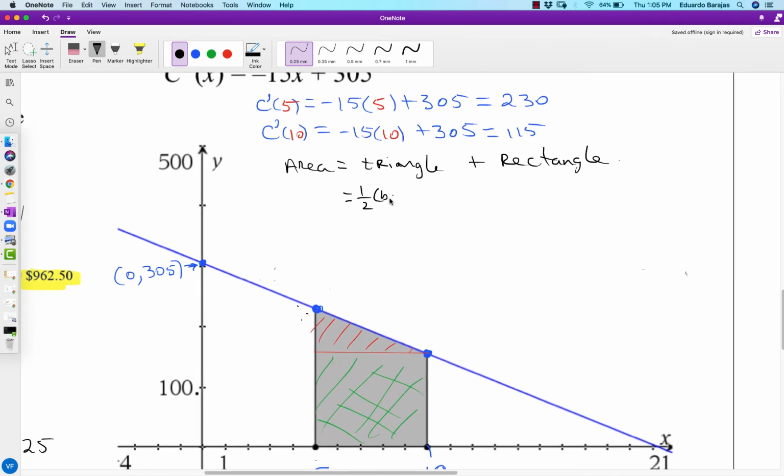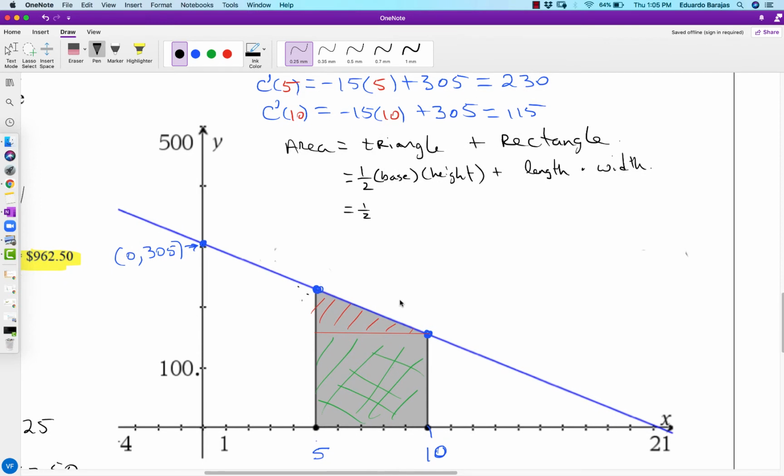One half times the base times the height, plus the rectangle, which is just going to be length times width. Okay, so this is going to be equal to 1/2. Now the base is going to be this distance, which is 10 minus 5. And that is the same base for the triangle.